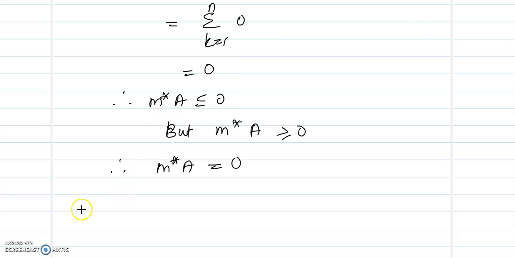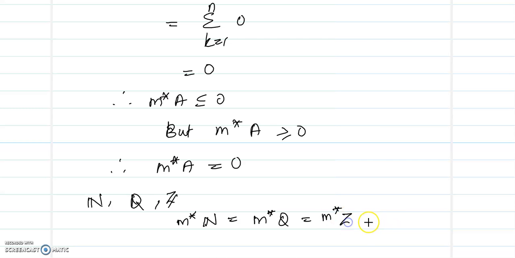So therefore we can say that when you take the set of natural numbers, the set of rationals, and the set of integers, we have already seen them. So when you are taking a countable set, the outer measure is equal to 0. So we can conclude from all these results that n star of N, n star of Q, n star of Z, all of them are equal to 0.